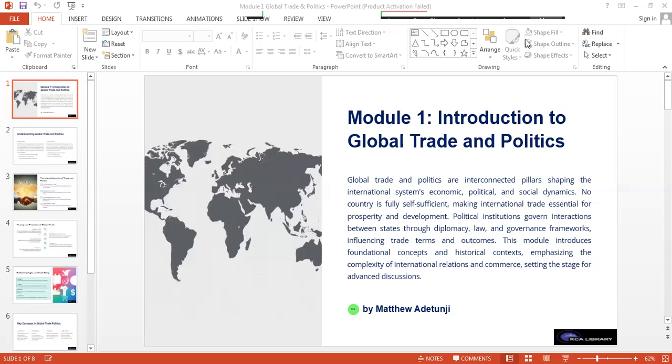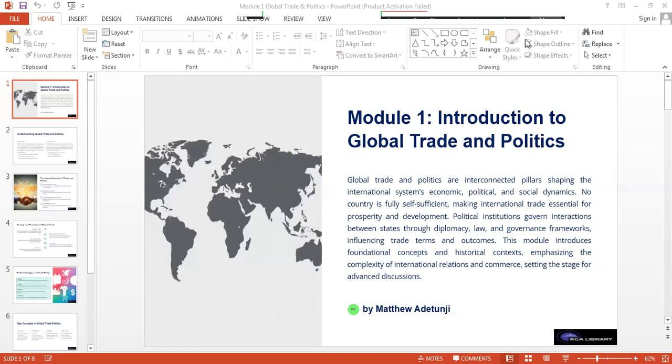We see the theories in global trade and politics. We bring it to practical aspects where we look at examples of global trades and politics-related issues that have happened before.